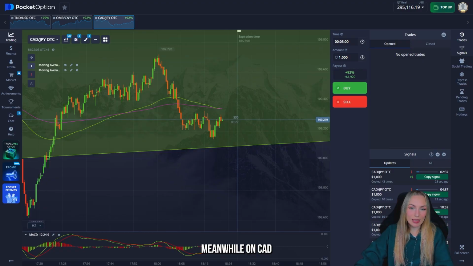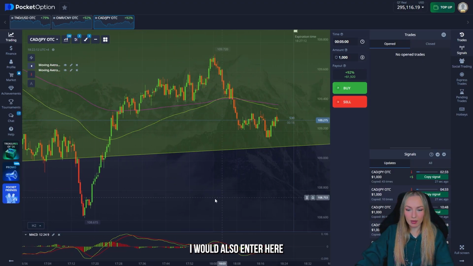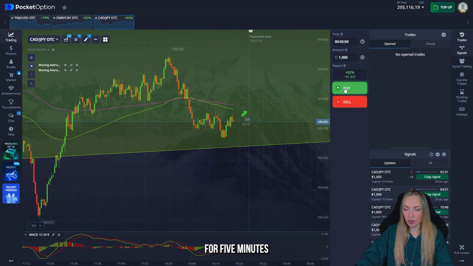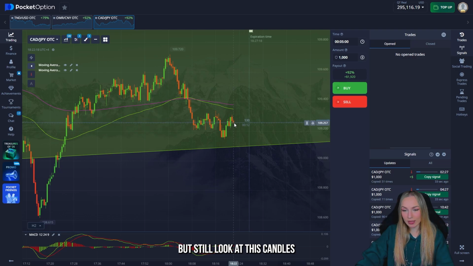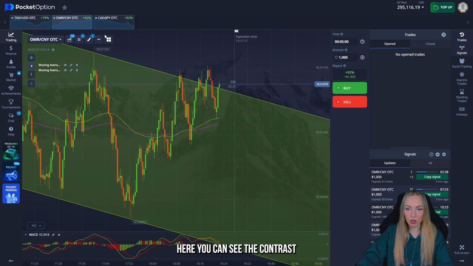Meanwhile, CAD-JPY formed the signal. I would also enter here for 5 minutes in the upward direction, but still, look at these candles. I don't like them. They are red. Maybe let's wait for more green candles. By the way, here you can see the contrast.